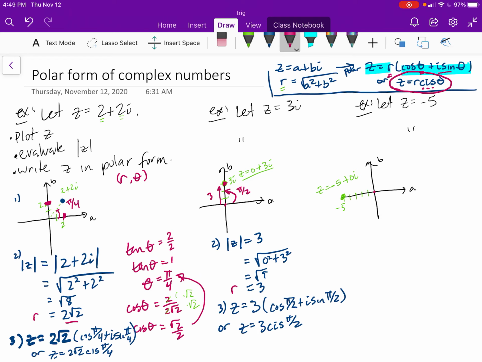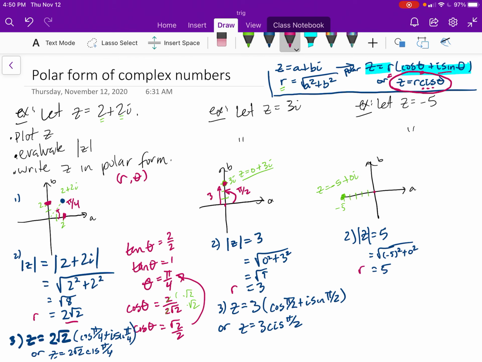It's 5. It's not -5. Absolute value is positive. We're talking about a distance. So the absolute value of z is 5. And again, you could show it. It's the square root of -5 squared plus 0 squared, which is the square root of 25, which is 5. All right, so r is 5.